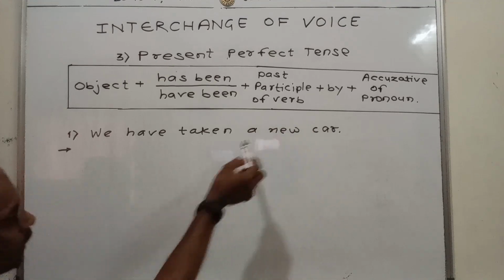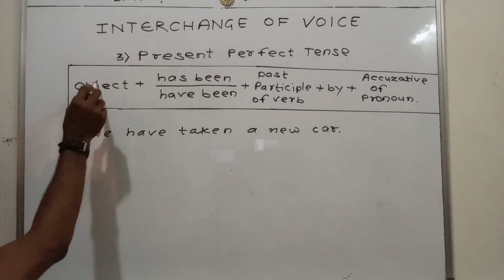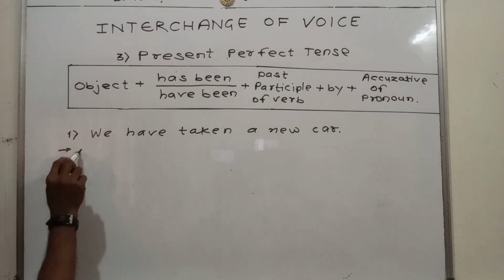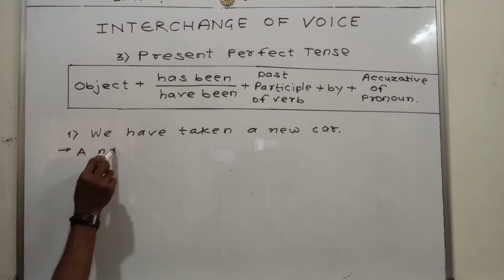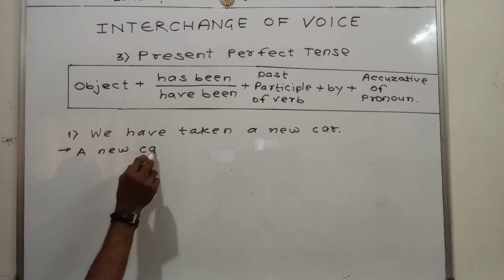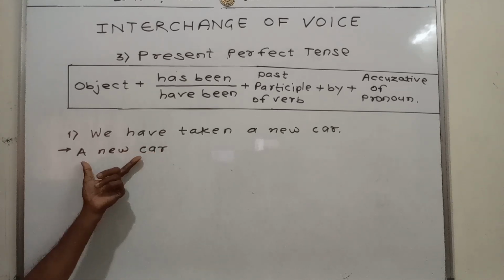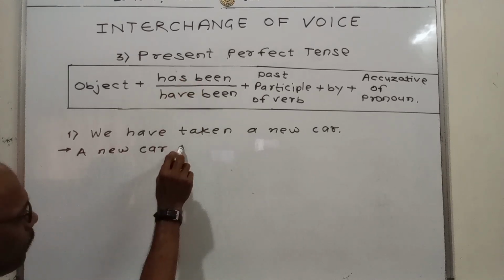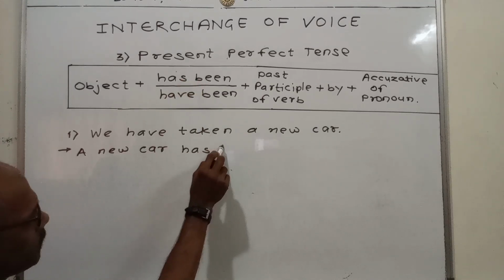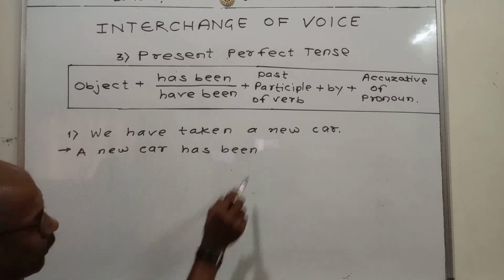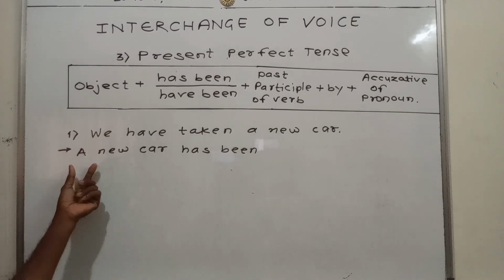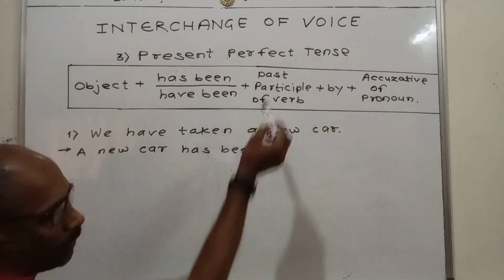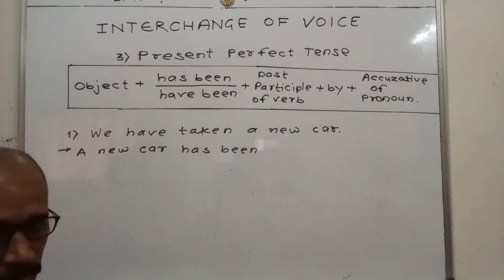Now this object becomes subject. So we have written here object first. What is here? A new car. Now here a new car is singular. So we use has been. Did you get it? A new car has been. Now after that PP, past participle of verb.